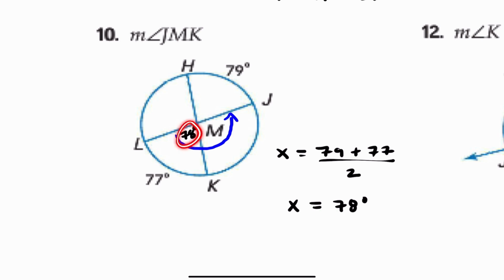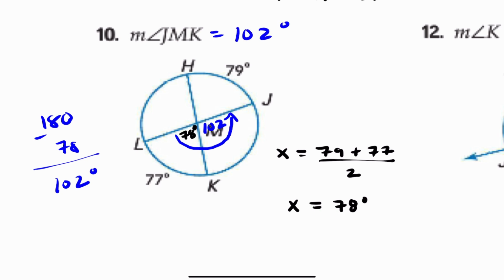So it's 78 plus what equals 180, or you can do 180 minus 78. So 180 minus 78, and that's 102 degrees. And what does that mean? That means that measure angle JMK is 102 degrees.